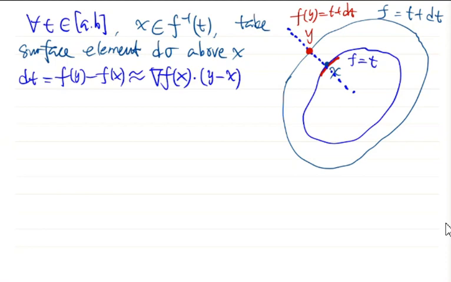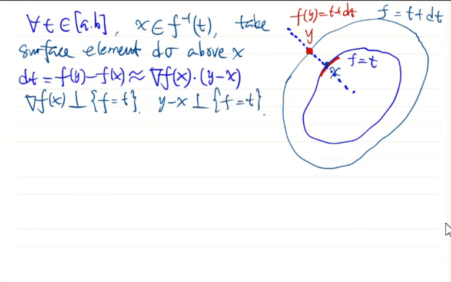Okay, but on the other hand, we know that the gradient of f at x is perpendicular to the surface f equal to t. And because we declared y is the intersection of the normal line of the surface f equal to t with another surface, therefore y minus x is also perpendicular to f equal to t.